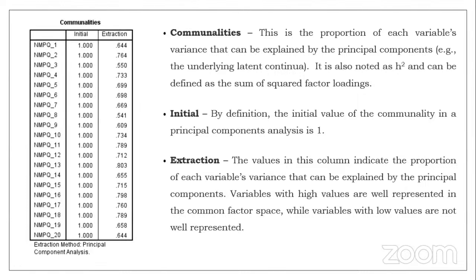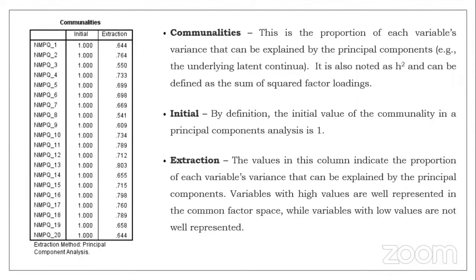Now, each of these extraction values in the table indicates the proportion of each variable's variance that can be explained by the principal component. So, for example, for the first item of the scale, 0.644 is the amount of variance. It's like 64% of its variance can be explained by the principal component which is extracted in this case.